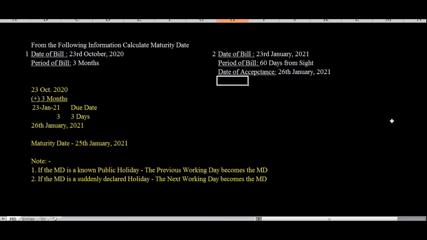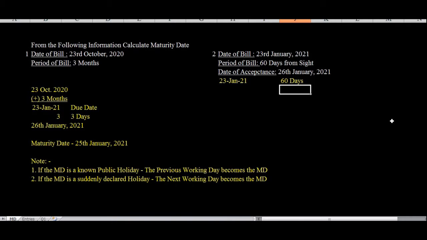Now let's take this calculation in days. Here we have considered that 23rd of January 2021 is our date, and what we need is a period of 60 days. Simple. We keep on moving forward from the given date. There are total 60 days that we need to move forward, starting from 23rd of January.